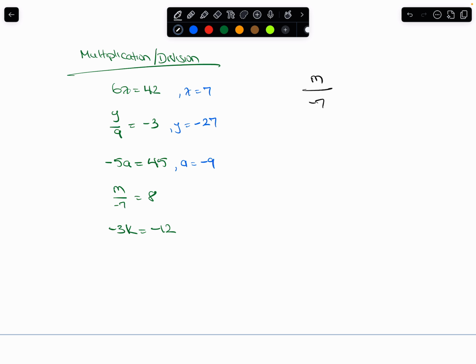m over negative 7 equals 8. Opposite of division, multiplication. Do it on both sides. 8 times negative 7, negative 56.